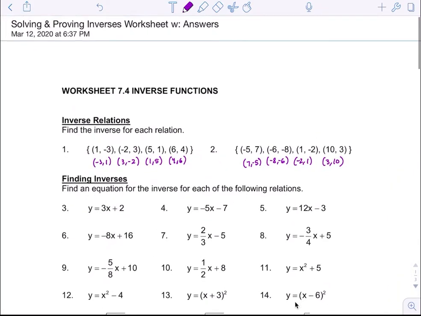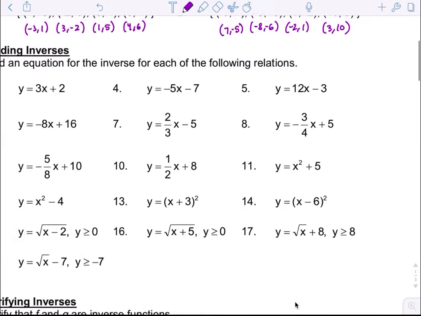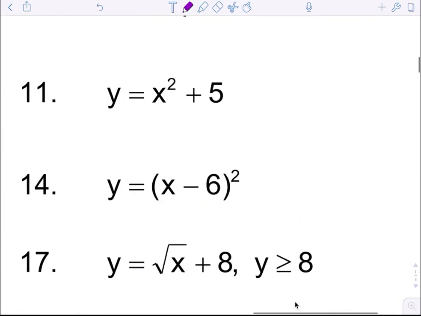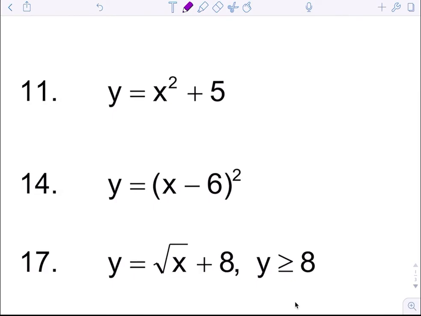Now in your homework it says to start with number 11 to 17 odd. So we have this one, and you guys are going to find the inverse of this. So first we're going to switch x and y, and then you solve for your new y. So subtract 5 from both sides.